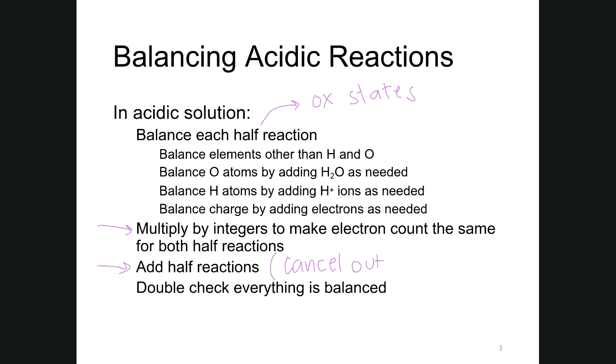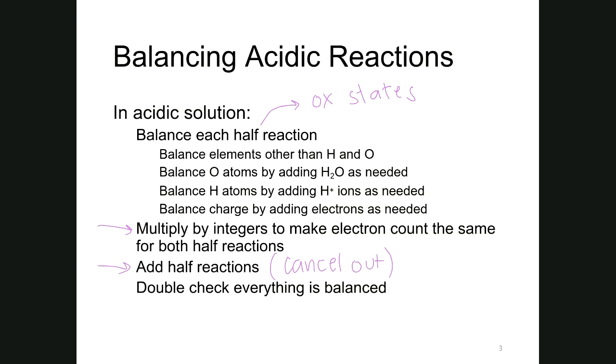And you'll know if something should be canceled out because it'll be a reactant in one equation and product in another equation. Just like when we had intermediates in earlier chapters, it's the same idea, but these aren't really considered intermediates because this is all actually happening in one step. We're just splitting it up into several steps to make it a little bit easier. Once we have added, we just make sure that everything looks good and is balanced.